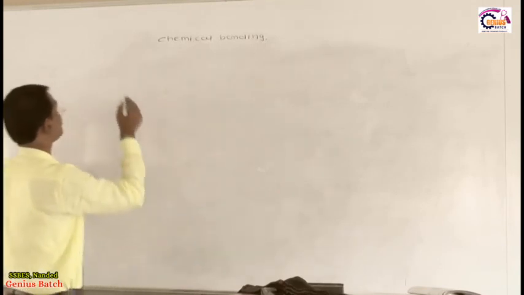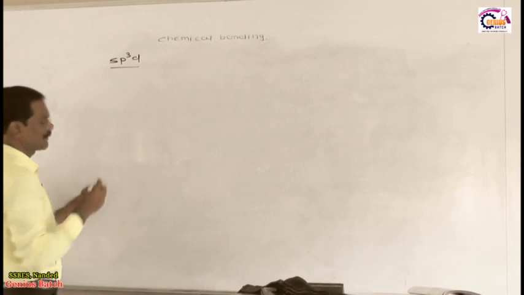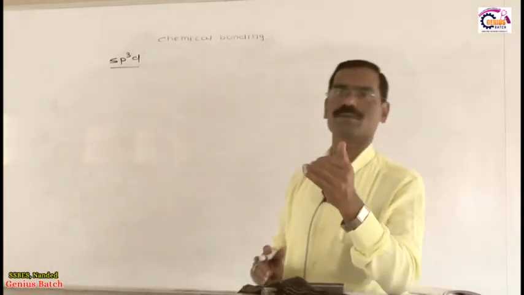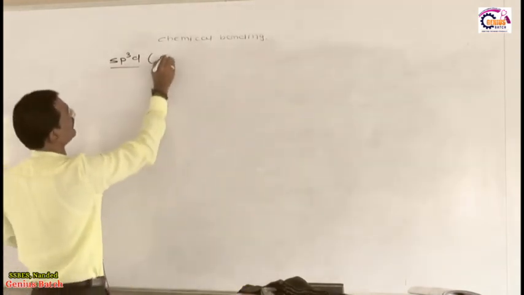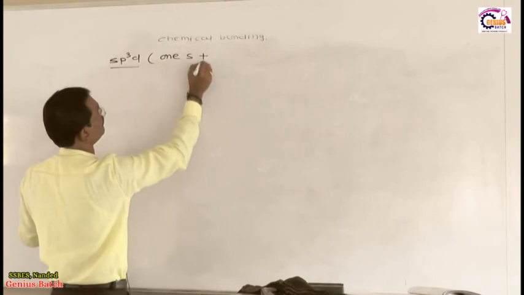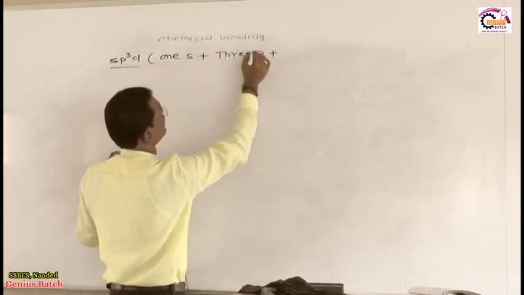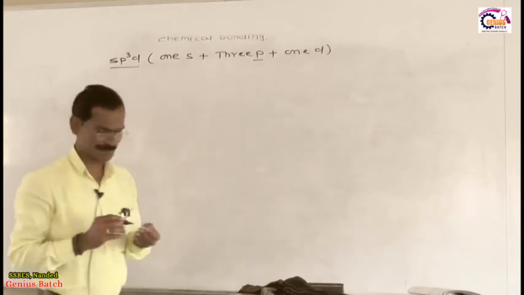Now dear students, if we try to define sp3d hybridization, it is the hybridization in which mixing of one s, listen very carefully, what happened in this case? In this case, 1s plus 3p plus 1d orbital mixing takes place.